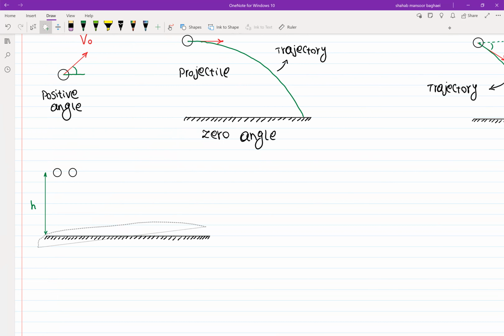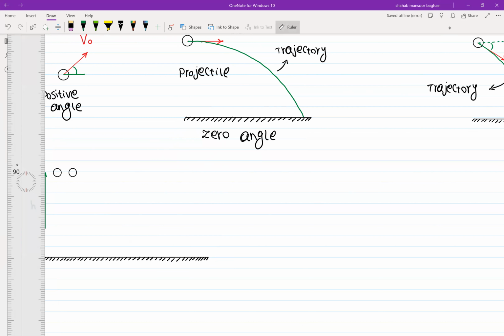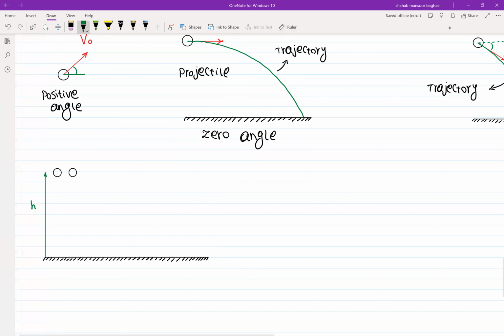Sorry. Let me change it a little bit. This one is better. From the same height, both of them are at rest at first. The first object, the left object, I want to release it from this position.